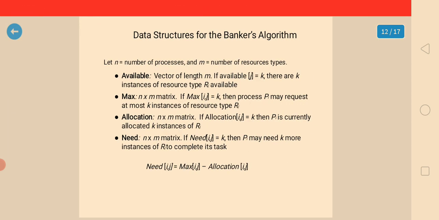The structure of Banker's algorithm is: let n equal the number of processes and m equal the number of resource types. Available is a vector of length m; if Available[j] equals k, there are k instances of resource type Rj available.